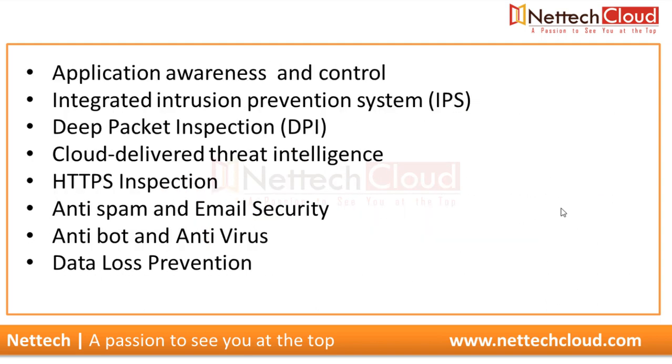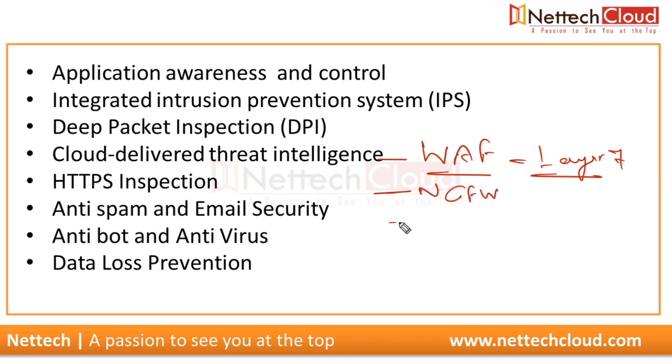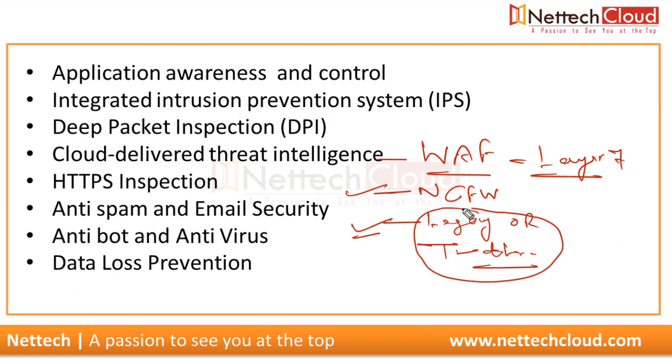So now the important point I want to discuss here is, what about web application firewalls or layer 7 firewalls? Because there is also the layer 7 web application firewall, and of course the next generation firewall, and the legacy or traditional firewall. Up to this point we have understood that legacy firewalls mean no application aware inspection, no content inspection, no threat prevention at all.